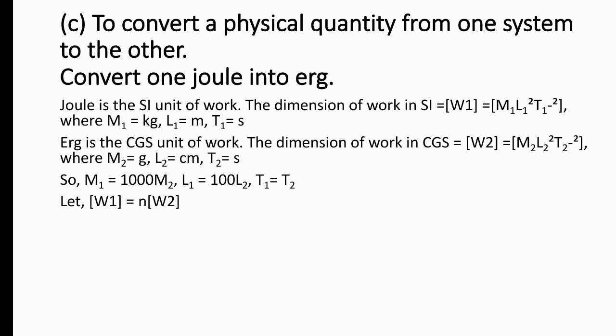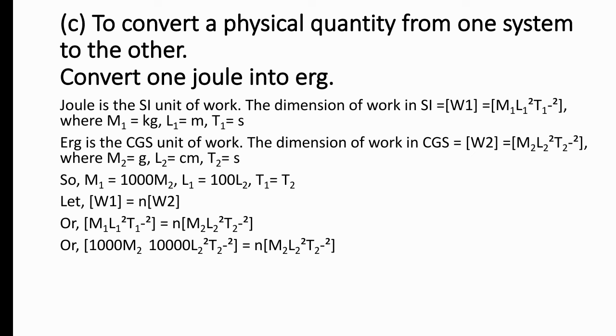Then we assume W1 equals N W2, where N is any number. So W1 equals M1 L1 squared T1 to the power minus 2 equals N times M2 L2 squared T2 to the power minus 2.